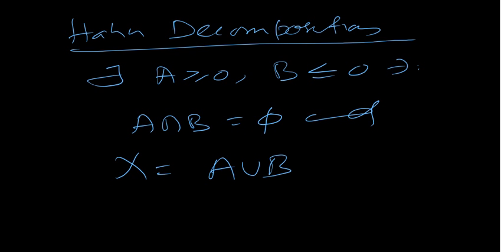This means the full set can always be expressed as the disjoint union of a positive and a negative set. This is called the Hahn decomposition, and this is always true for X.